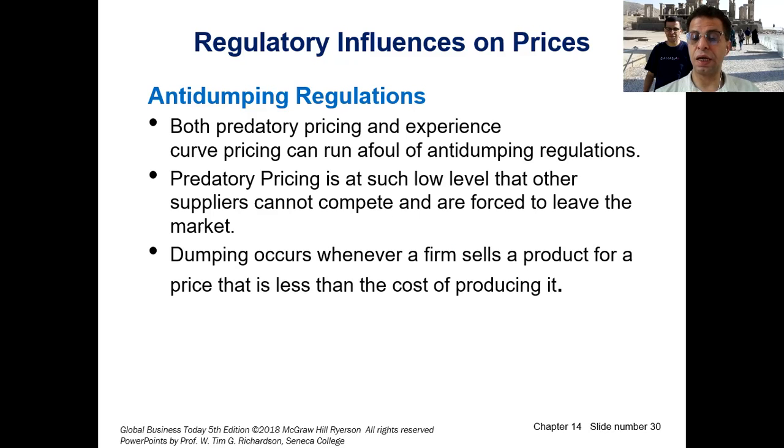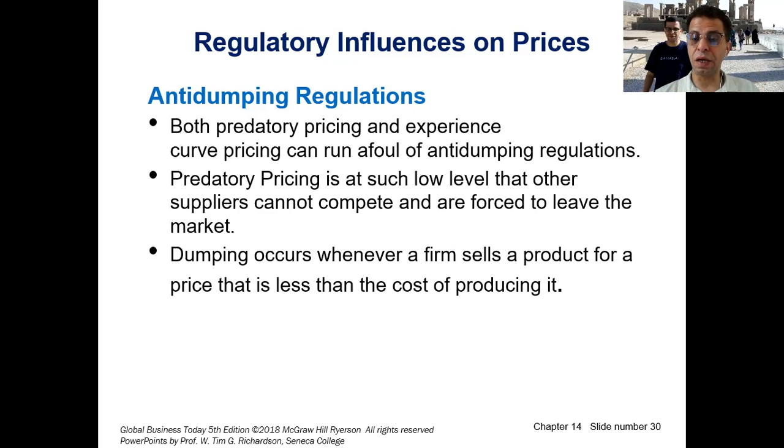Predatory pricing is pricing at such a low level that other suppliers cannot compete and are forced to leave the market. So you give a very low price to the market, others cannot compete, and they have to leave or shut down.